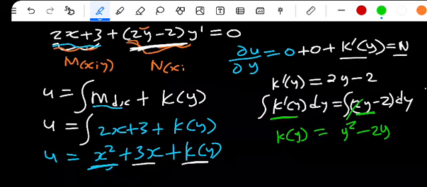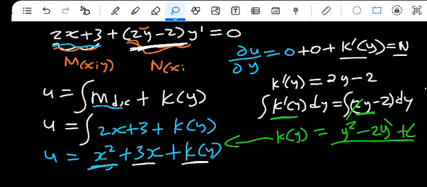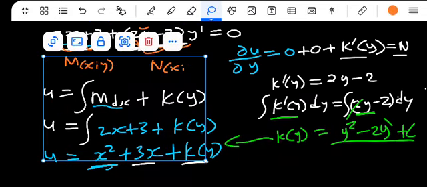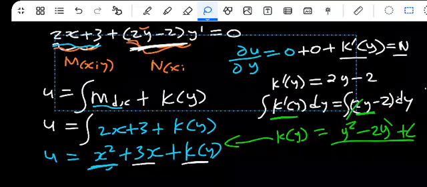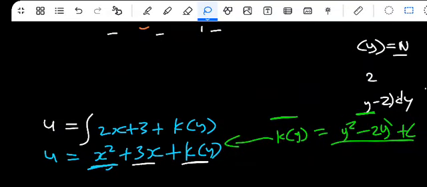But we also have some constant c there. So we have this now, and we can substitute it back.